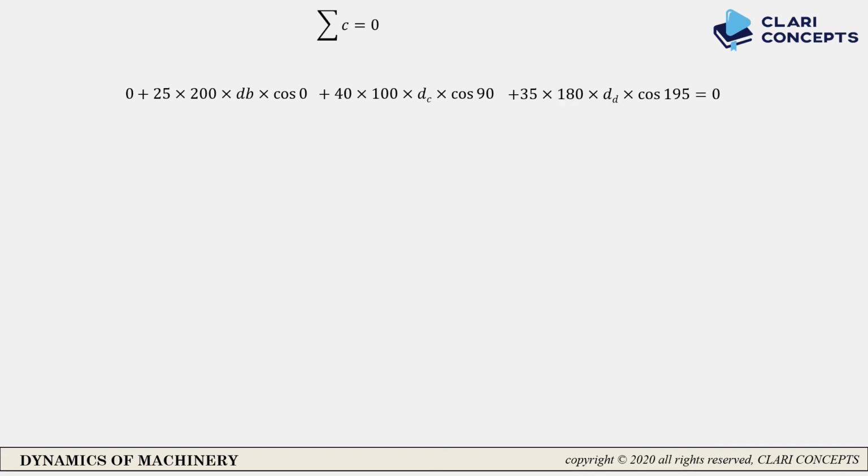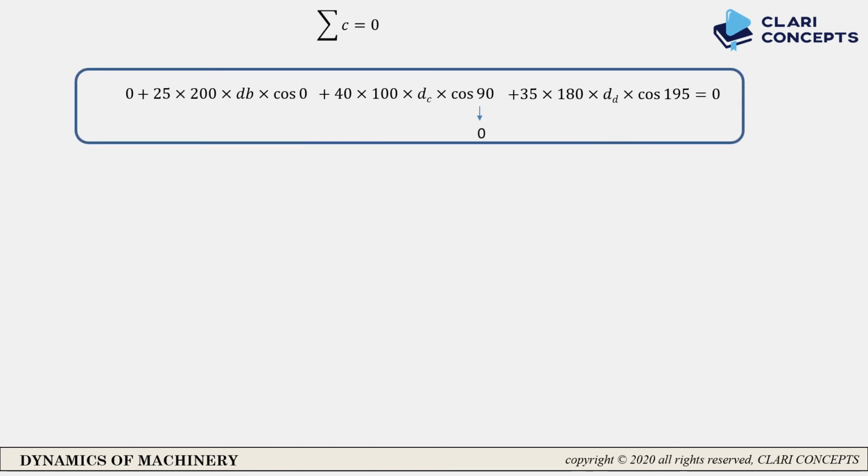Now we solve couple. So summation of couple equals 0. First I write up all the cos theta terms equal to 0, and this equation is named C. Here you can see cos 90 equals 0. So only two terms remain, 5000 dB minus 6085.33 dD.